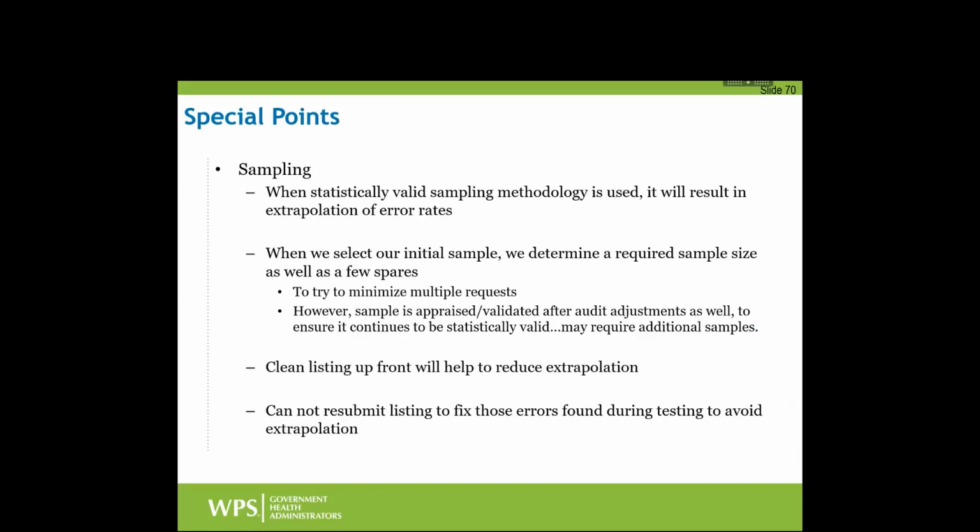The issue with sampling is, as I said earlier, we prefer to be able to find as many of the errors up front so that we can clean the listing up before we get to the extrapolation.